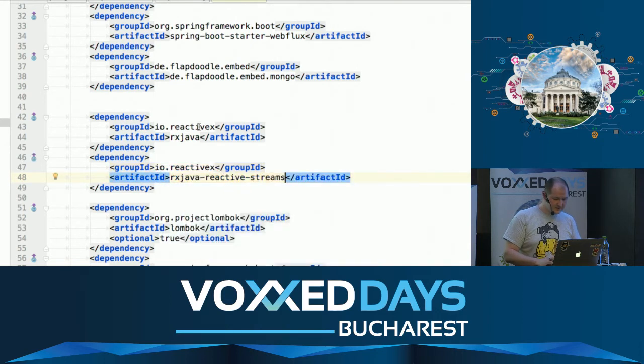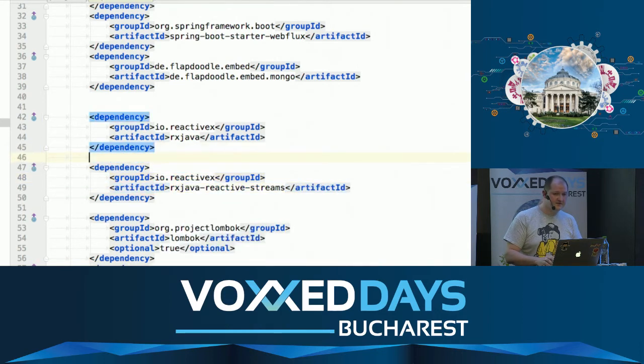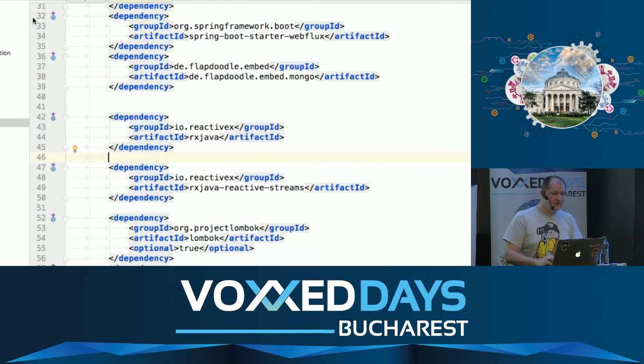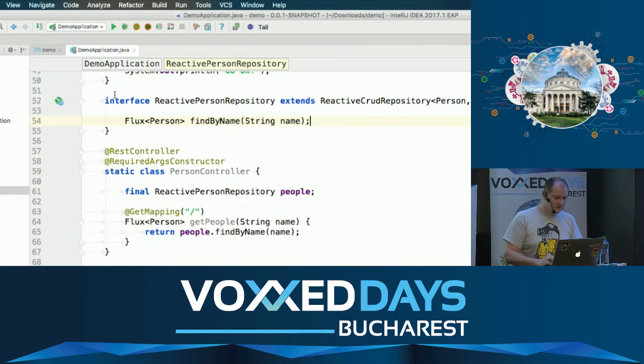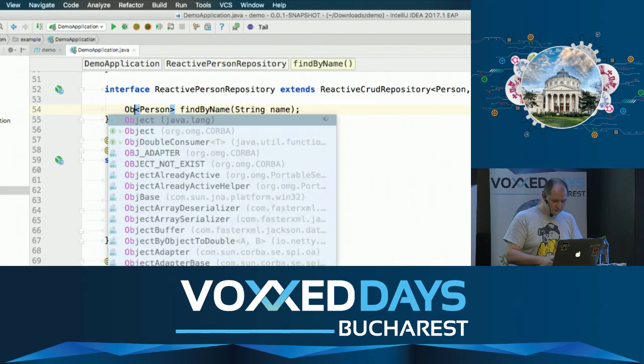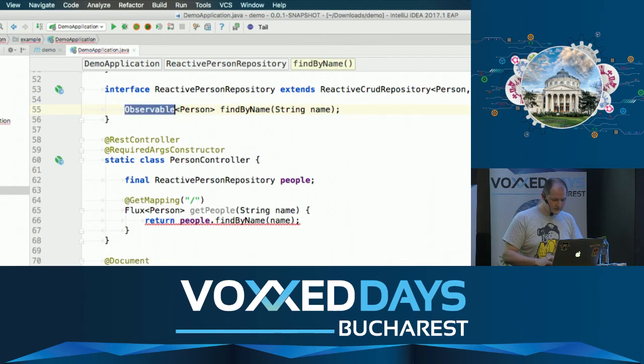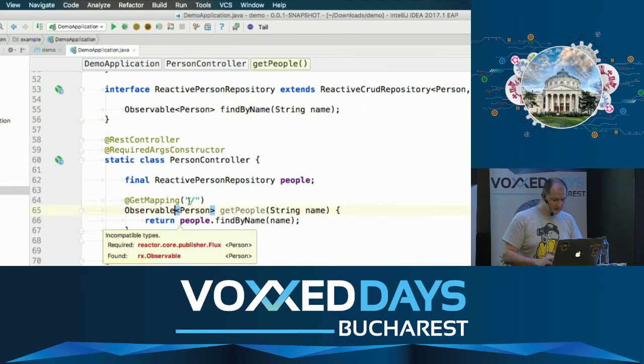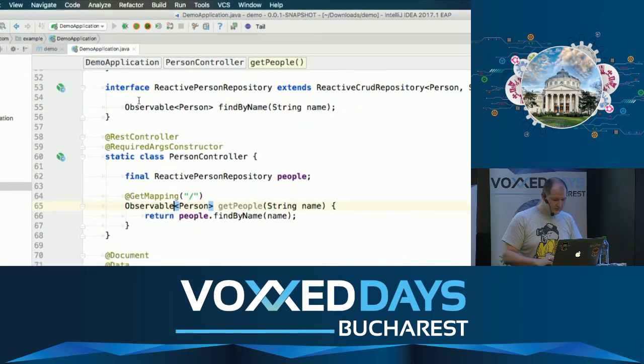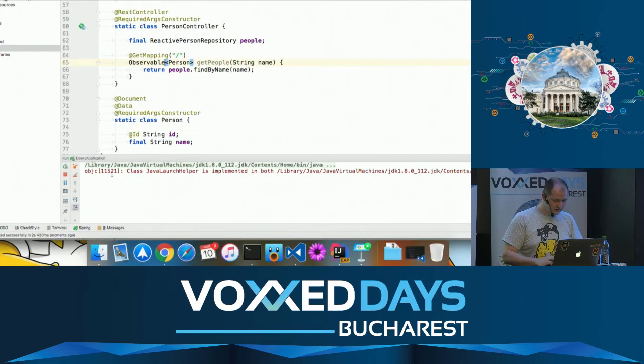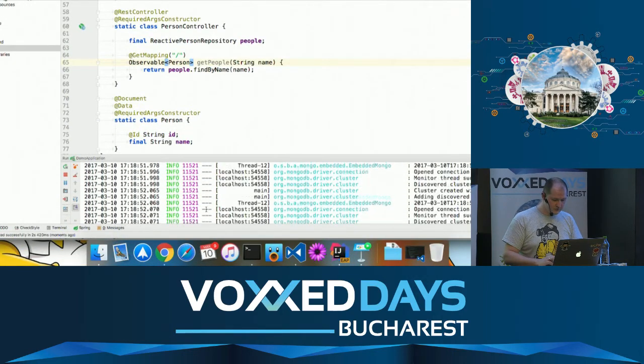The second dependency is RxJava Reactive Streams, which is the actual bridge between RxJava and Reactive Streams. This dependency does all the adaptation. Then you can take this Observable, place it here, and run it.